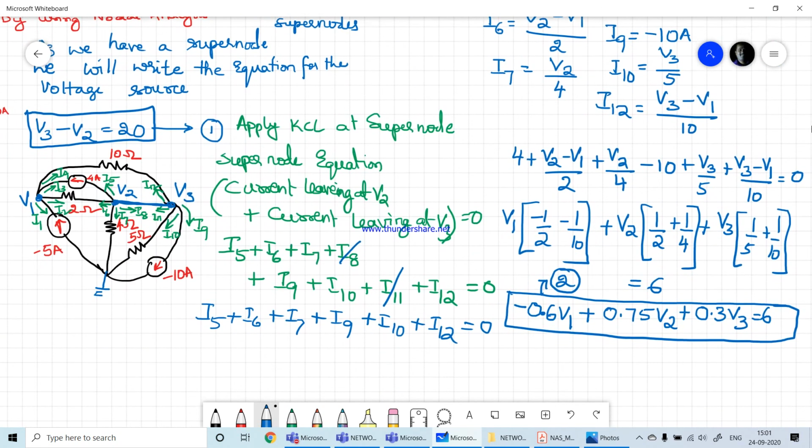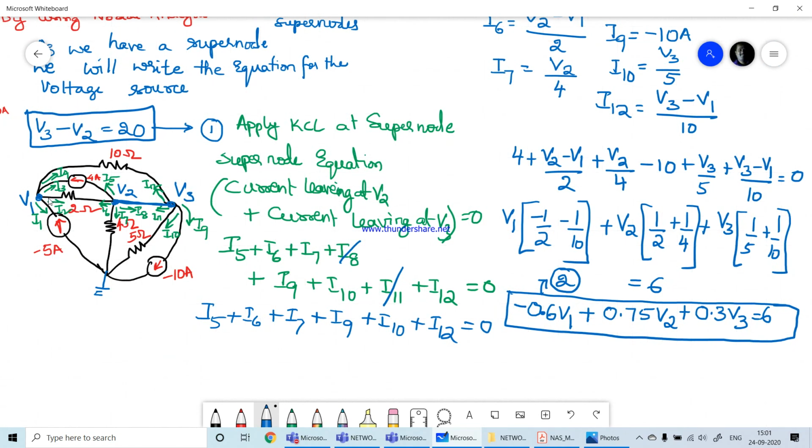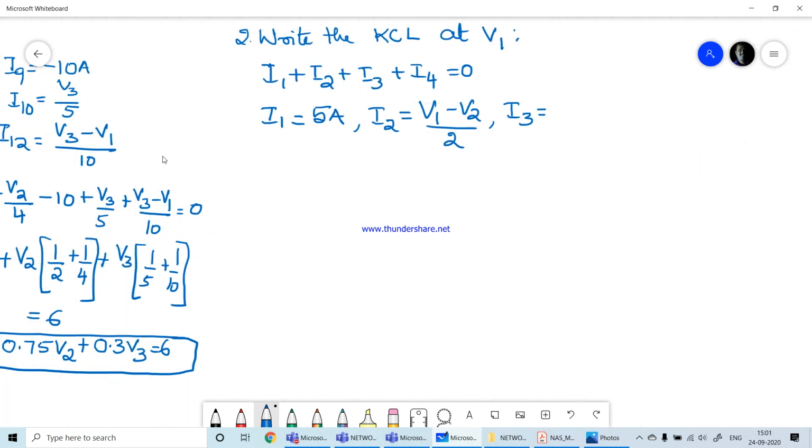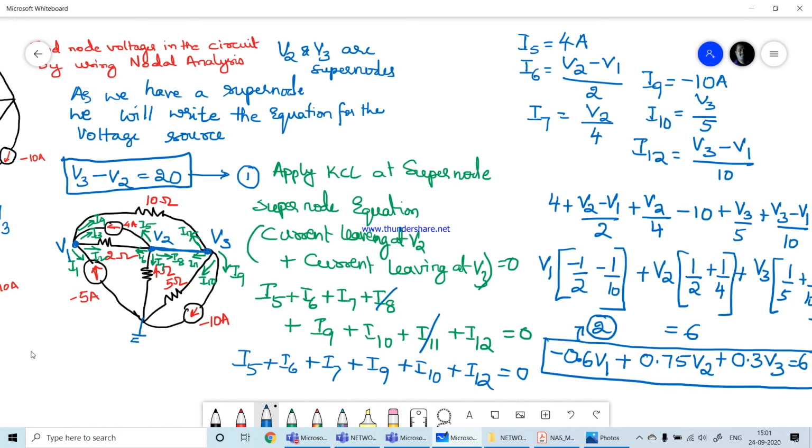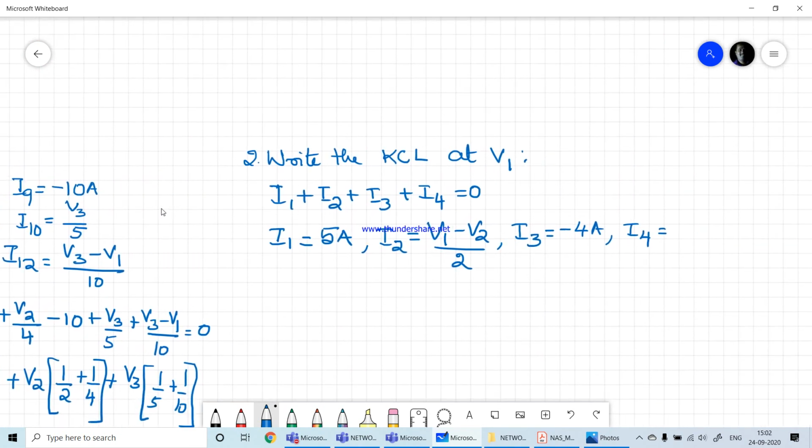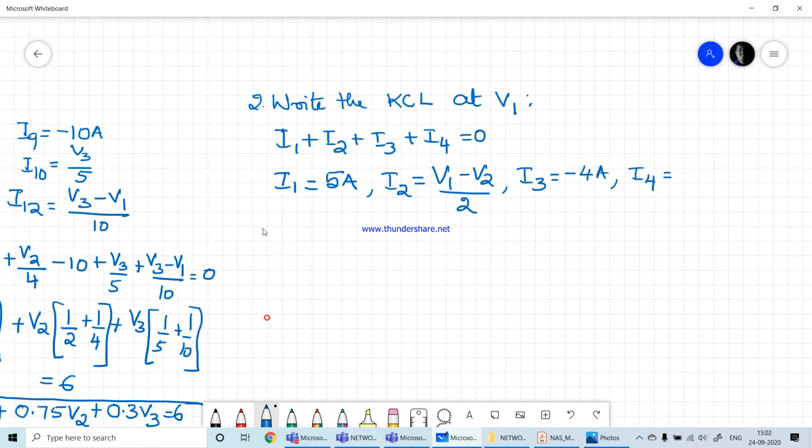I3 is the current flowing through this branch where 4 amps is connected, but the 4 amps is flowing reverse to I3. Therefore, I3 will be minus 4 amps. Finally, what is I4? It is flowing through 10 ohms. Therefore, it is V1 minus V3 by 10.